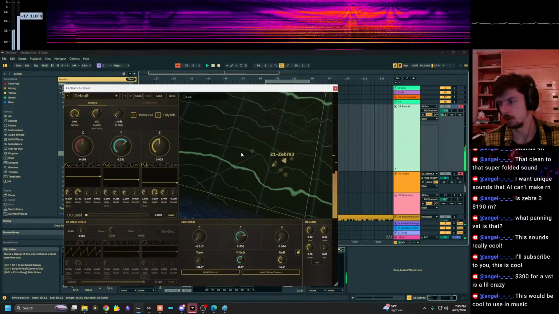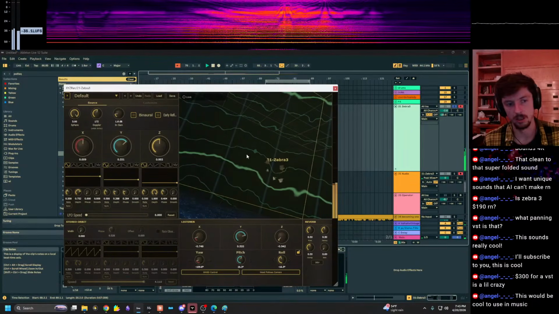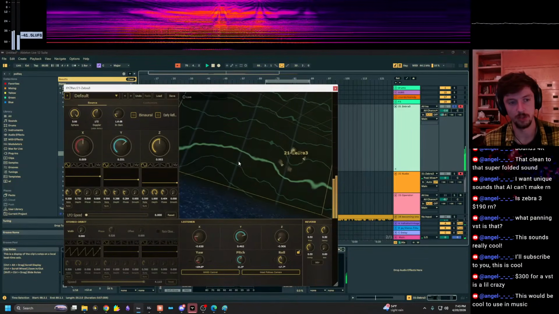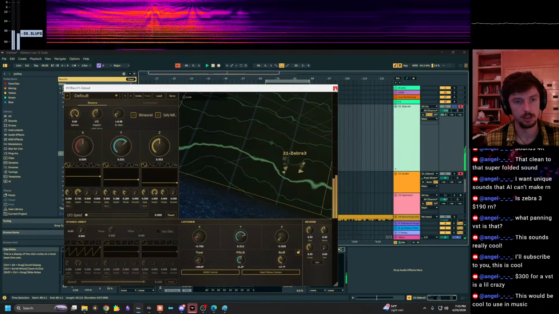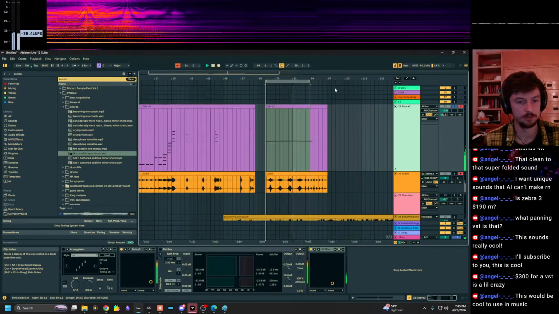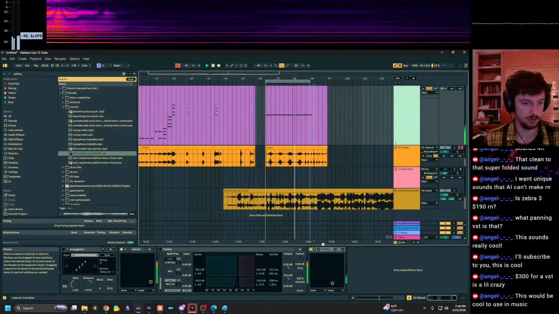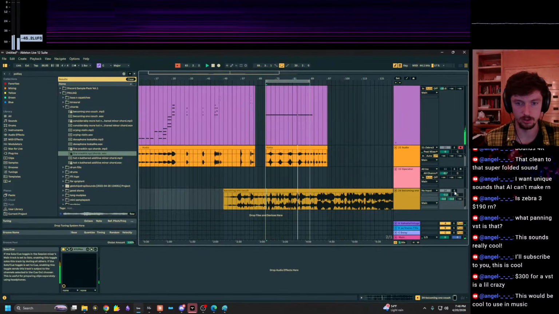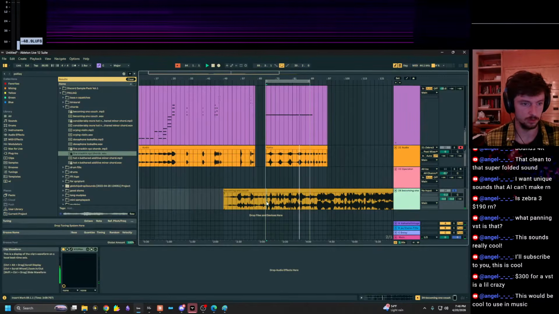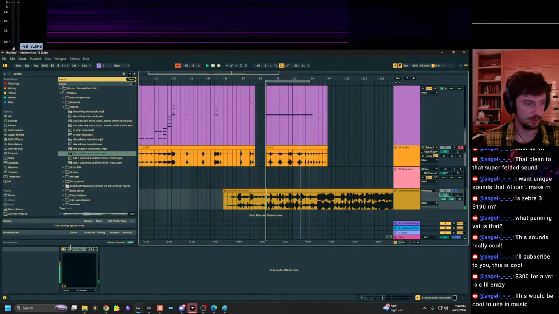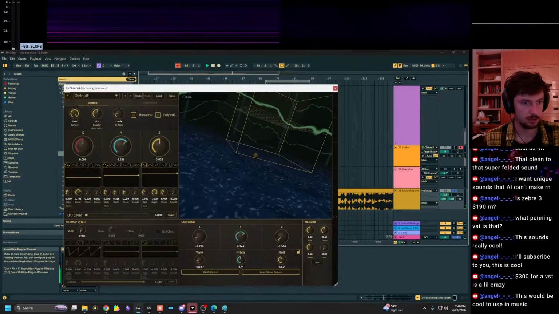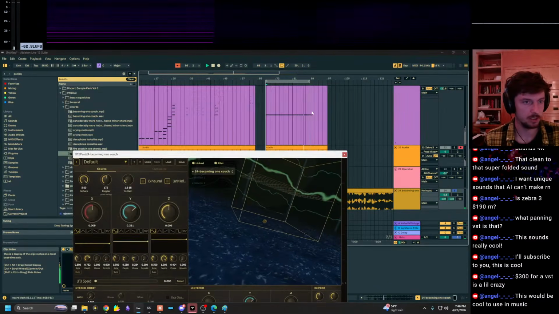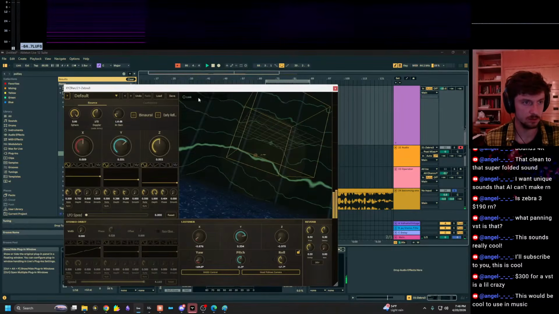You can move around in space, and then you can record your own movement through space, and it's pretty neat. You can also take this VST and put it on another sound instance, and then link both of your VSTs together.